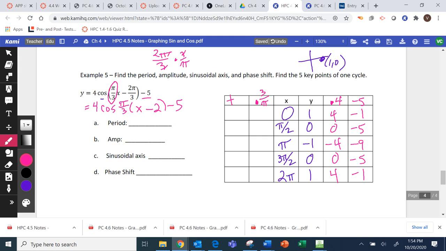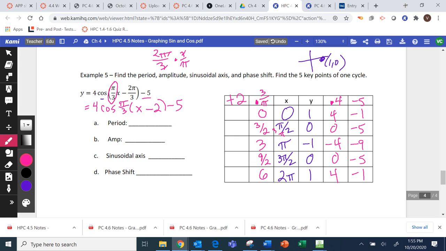So I will add 2 to the end there. Multiplying by 3 over pi, I get 0, 3 over 2, 3, 9 over 2, 6.